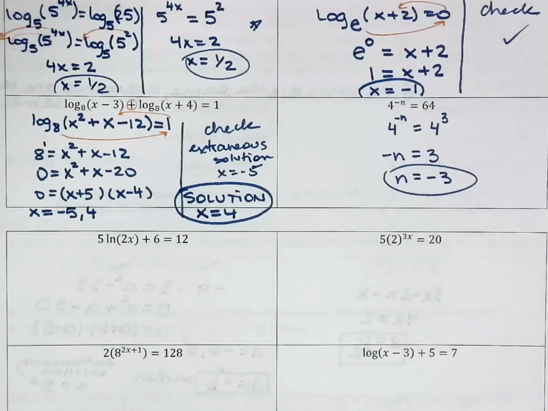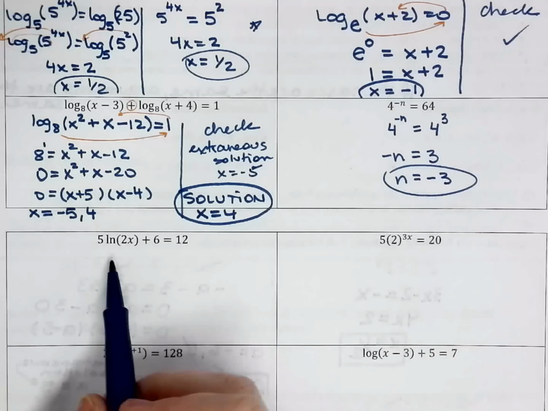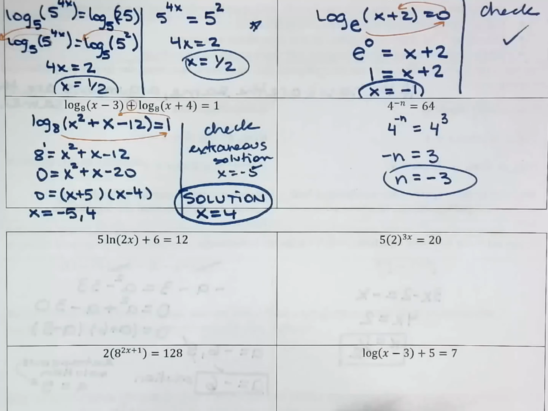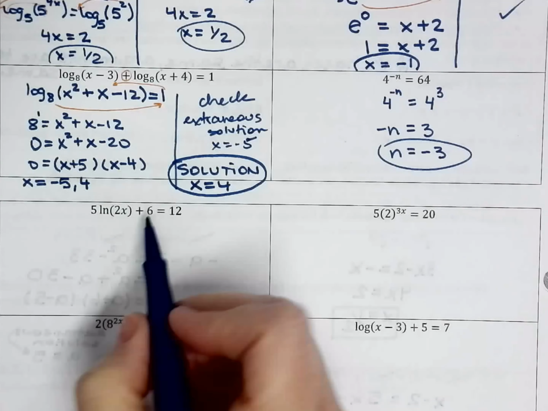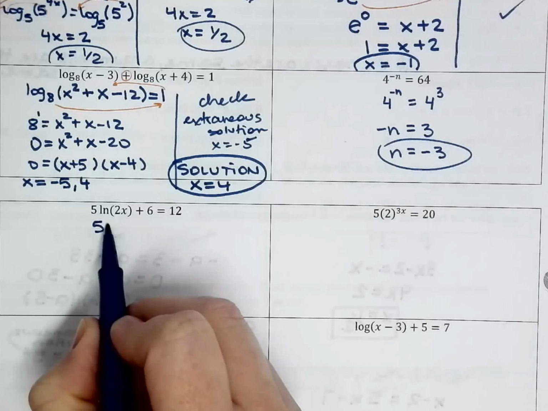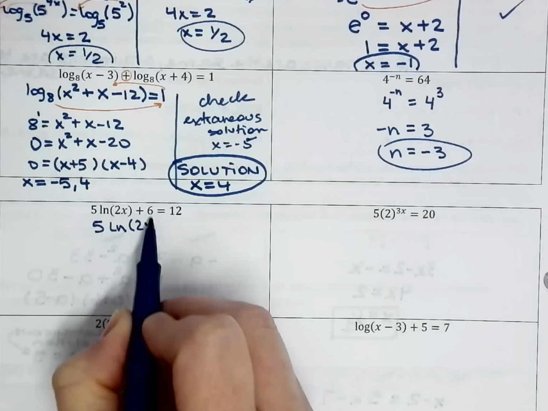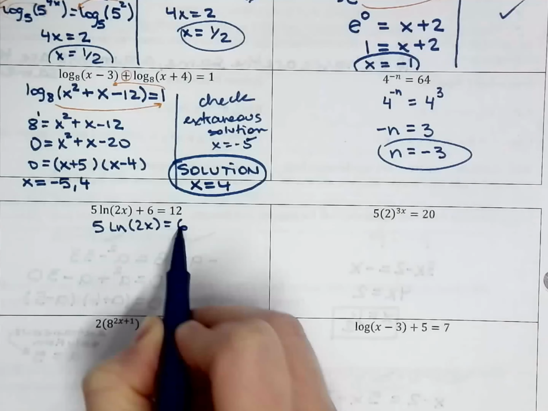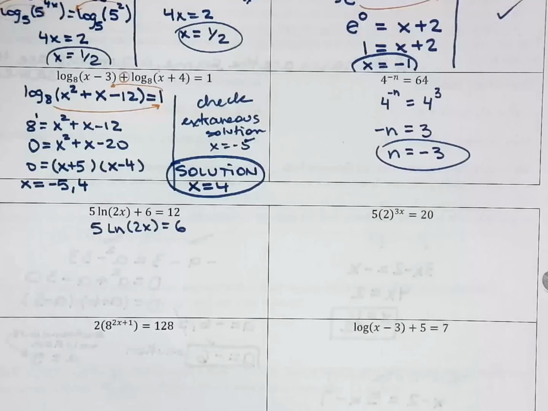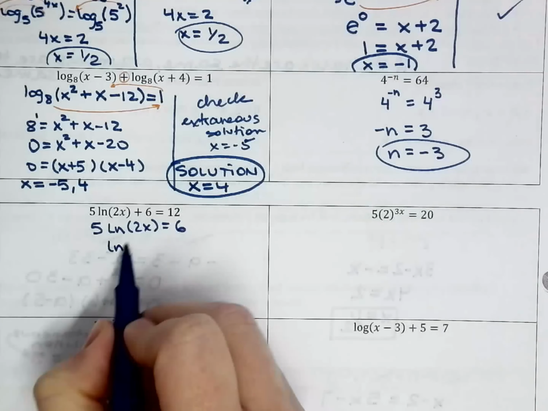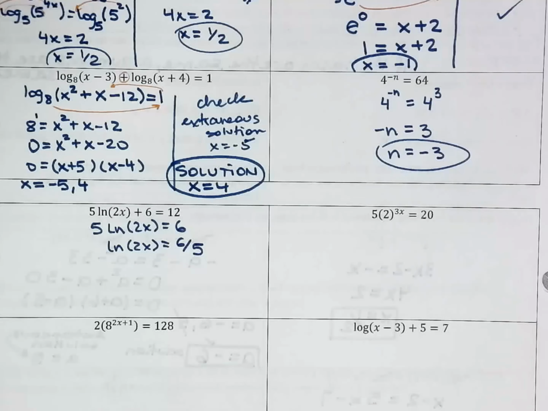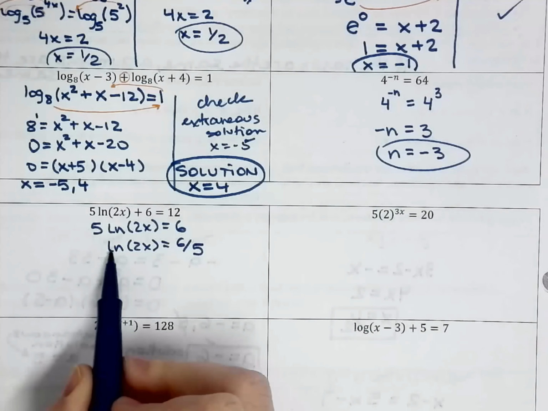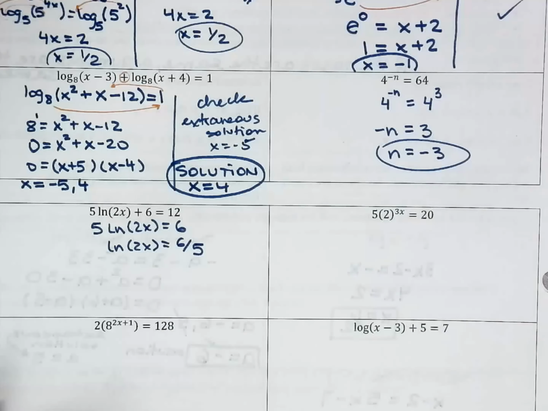Now the next one, I need to isolate the natural log before I can rewrite this in exponential form. So you have to subtract 6 from both sides first. That gives me 6 on this side. Divide by 5. At this point, the natural log is fully isolated.